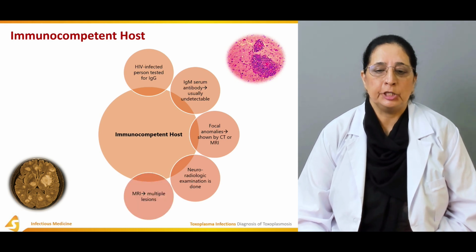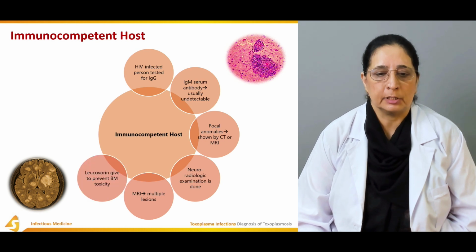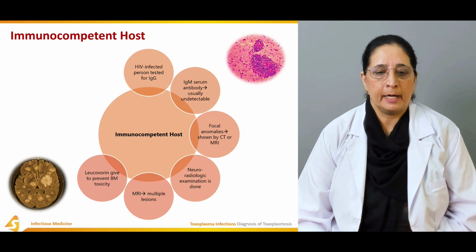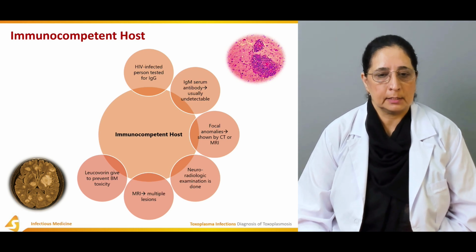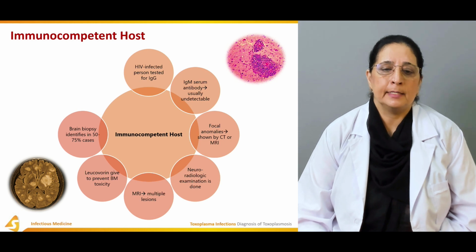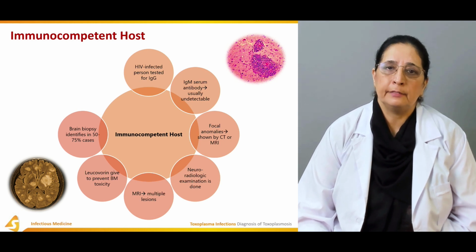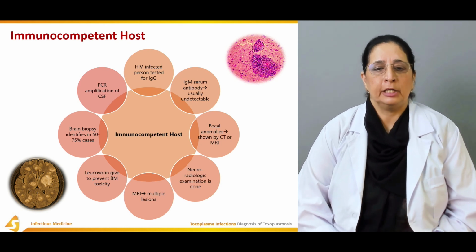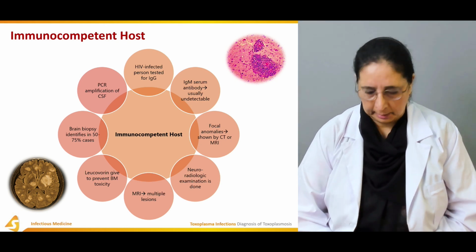Neuroradiologic examination is done; MRI shows multiple lesions. Leucovorin is given to prevent bone marrow toxicity. Brain biopsy identifies the organism in 50 to 75% of the cases. PCR amplification of cerebrospinal fluid is also done.